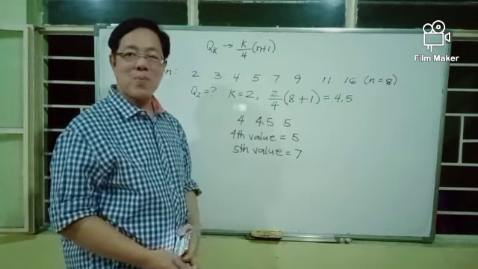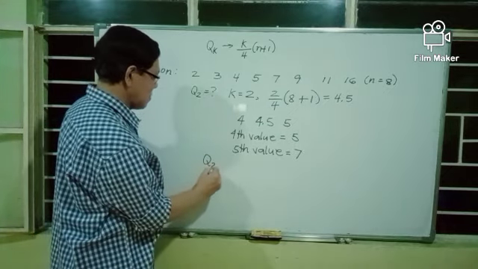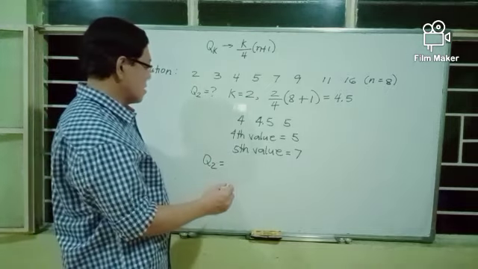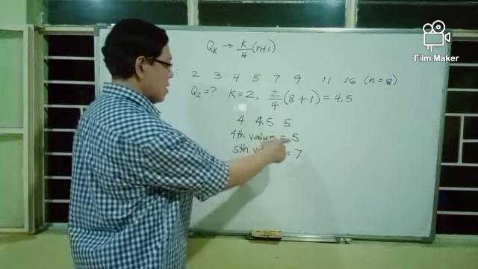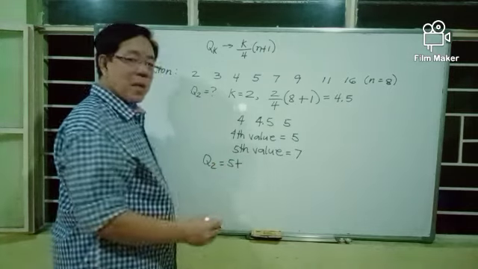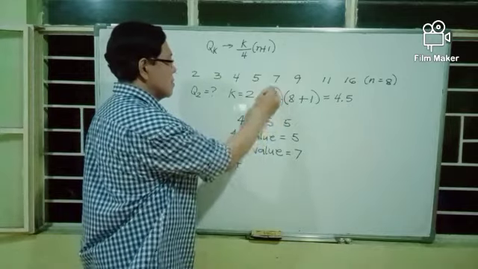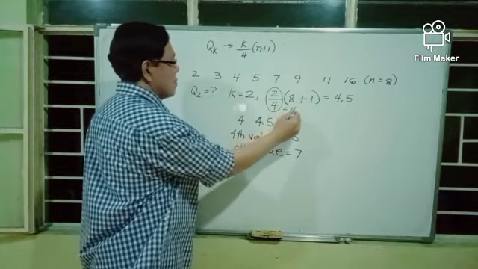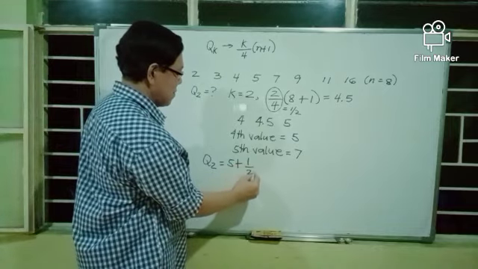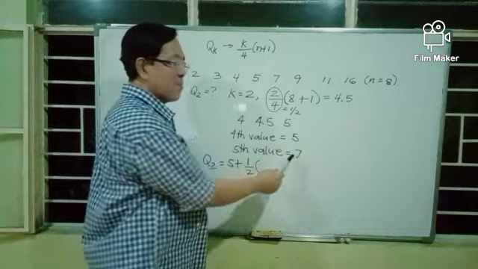Thus, we write 5 plus 2 over 4, or 1 half, of the distance between 5 and 7.